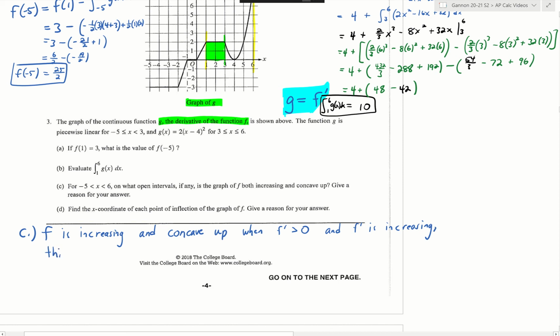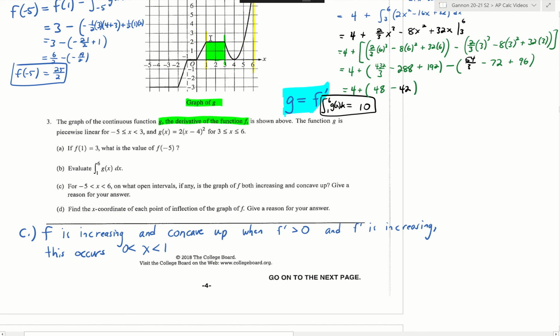So we can say this occurs. All right, so we want positive and increasing. Well, we're negative, we're 0. All right, so we are positive and increasing from 0 to 1. So x is greater than 0, less than 1.